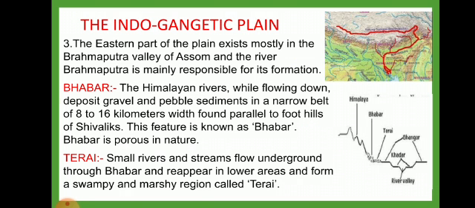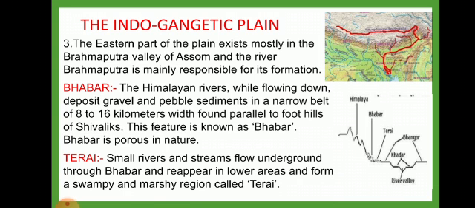Now the third part, the eastern part. The eastern part of the plain exists mostly in the Brahmaputra valley of Assam, and the river Brahmaputra is mainly responsible for its formation.